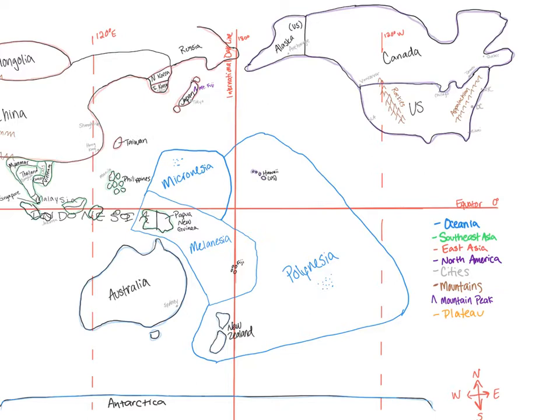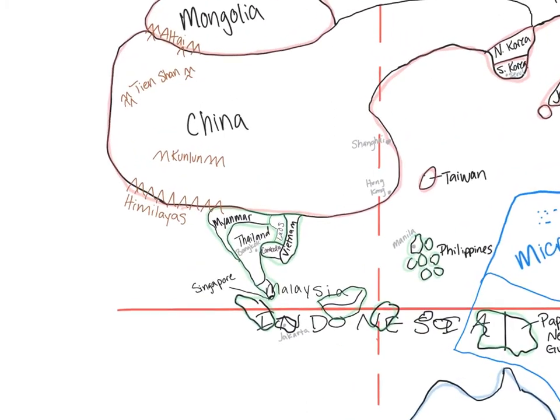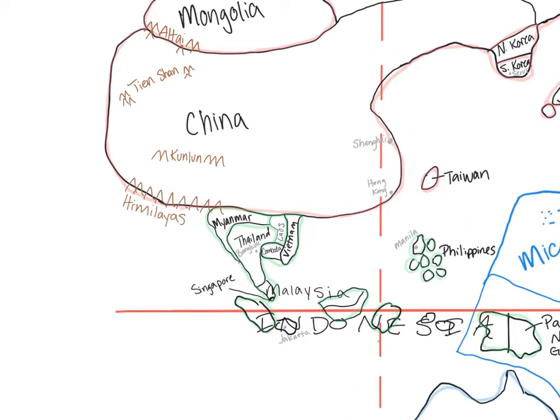Plateau. We just have one, and it's going to be over here in China, in between the Kunlun and the Himalayas. This is the Plateau of Tibet. I'm gonna shade it right there so you can see that this is all a plateau, obviously, in between the two mountain ranges. And that's the only one that we have there.